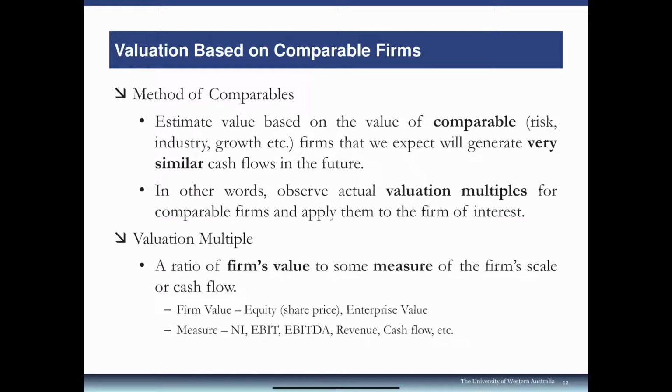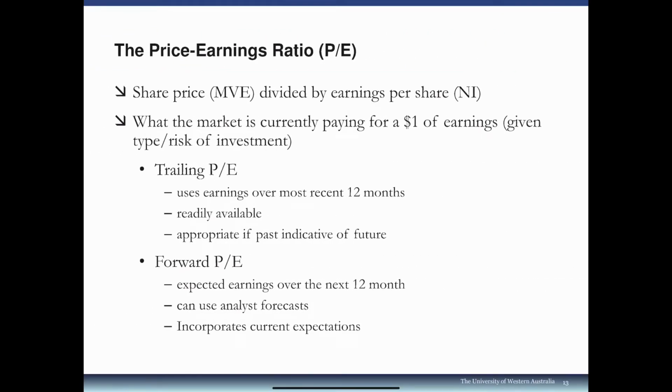That's the rough idea. But because there are so many ratios you can consider, we're just going to talk about one very popular ratio, which is the price-earnings ratio. The price-earnings ratio is the share price divided by its earnings per share, like profitability. We're not going to spend too much time comparing trailing PE and forward PE.